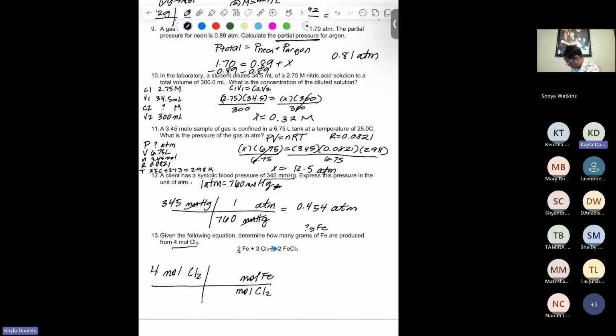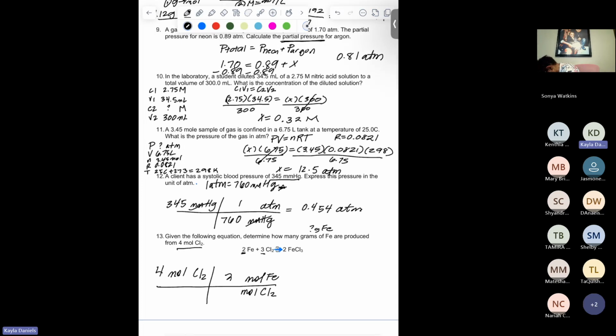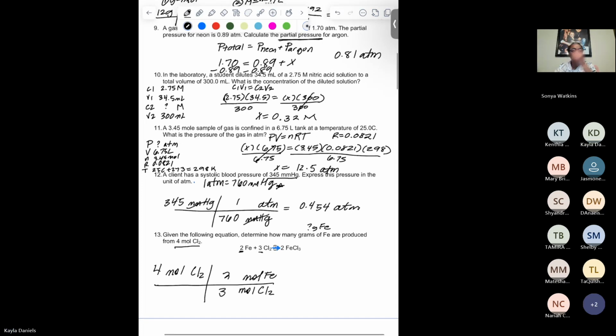There are 2 moles of iron for every 3 moles of Cl2. Now I'm out of moles of Cl2 and in moles of iron, but I still need to go to grams. So I'm going to put moles of iron on bottom and grams of iron on top.